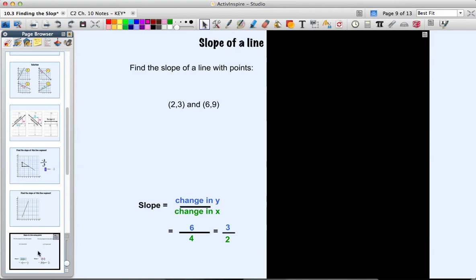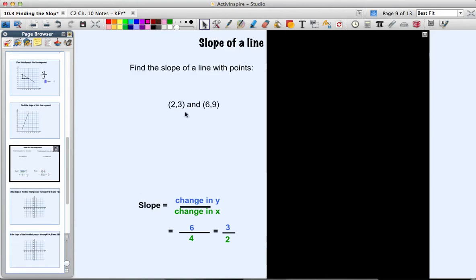Right, when we're not given the line, we can use the ordered pairs to find our answers. Remember that we said that the rise is the change in y, or the change in the vertical, and the run is the change in x, or the change in the horizontal. So if we look here, we have the ordered pairs 2, 3, and 6, 9.